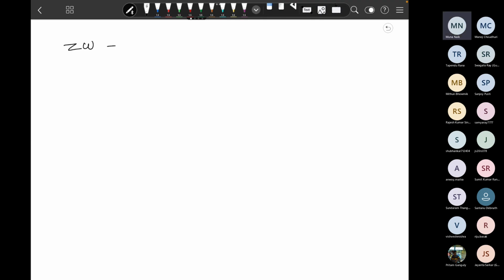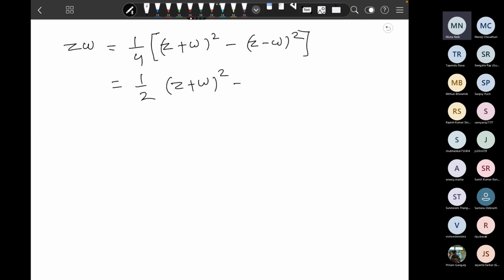So zw is 1/4 times (z plus w) squared minus (z minus w) squared, and this is really 1/2 times (z plus w) squared minus z squared minus w squared. Oh, sorry, this is also 1/2 times z squared plus w squared minus (z minus w) squared.